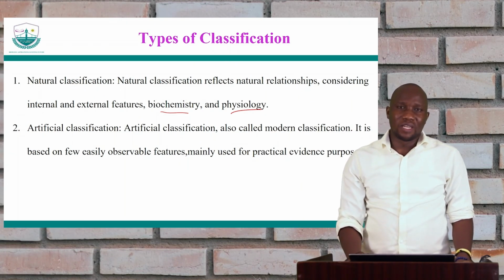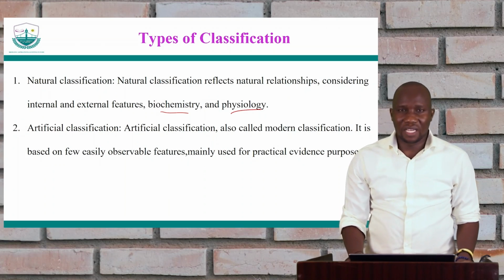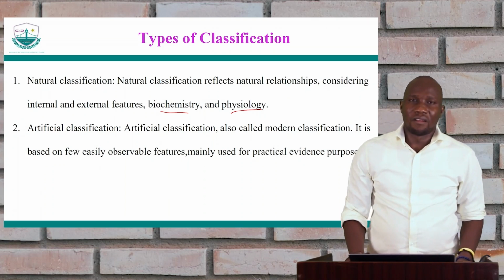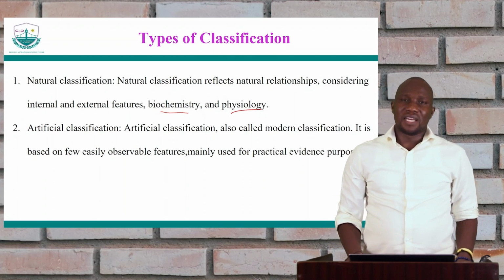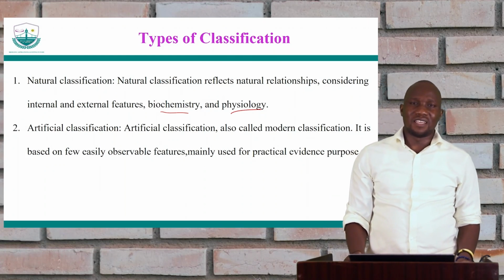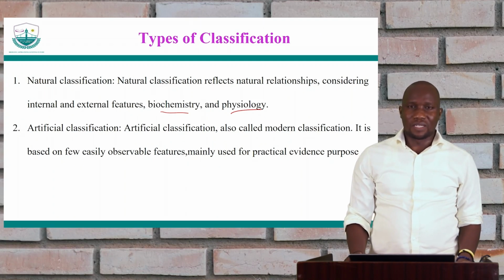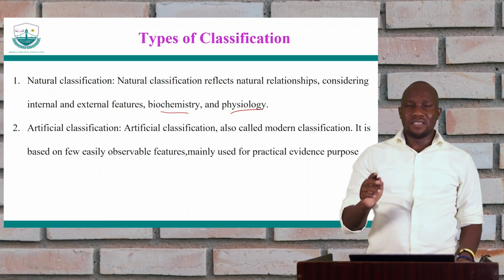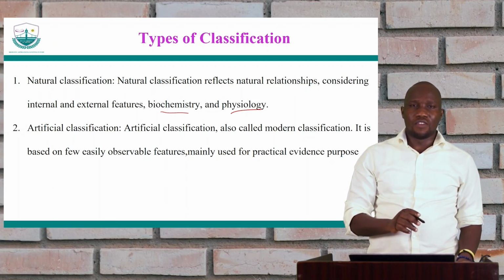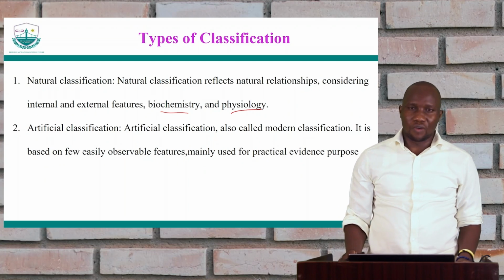So in the body we have proteins, we have carbohydrates, we have minerals, we have nucleic acids, and even micronutrients. So how are these nutrients transformed in the body?